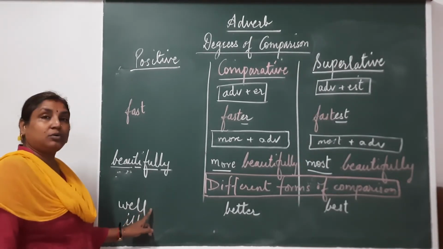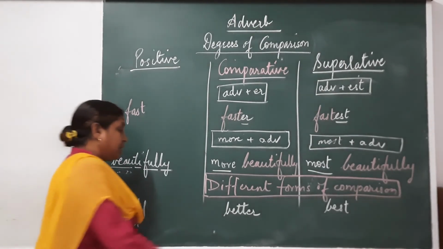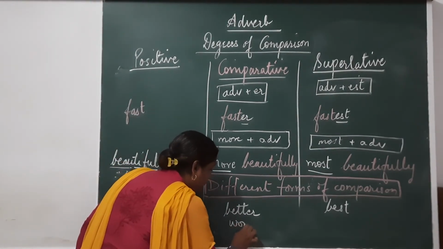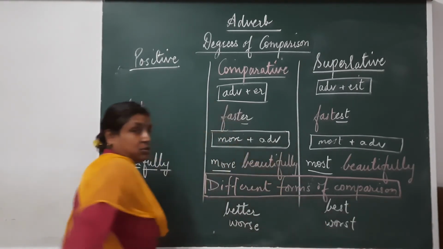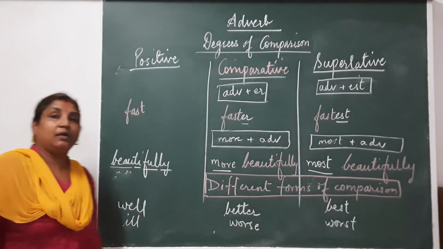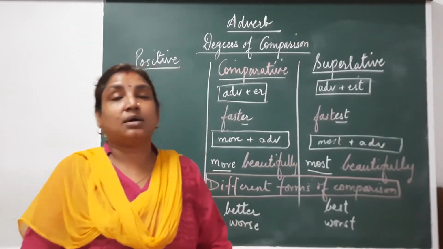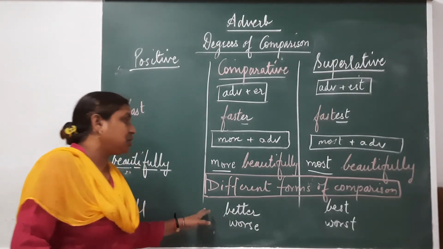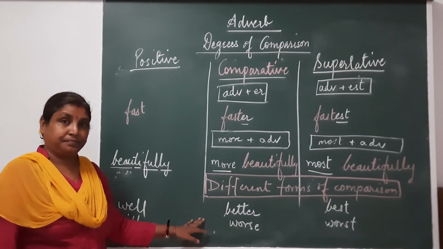In the same way ill is an example of an adverb for bad. Well is used for good and ill is used for bad. So I will have ill, worse and worst. Then I have much, more, most. So these are some of the examples where all the three forms differ from one another.